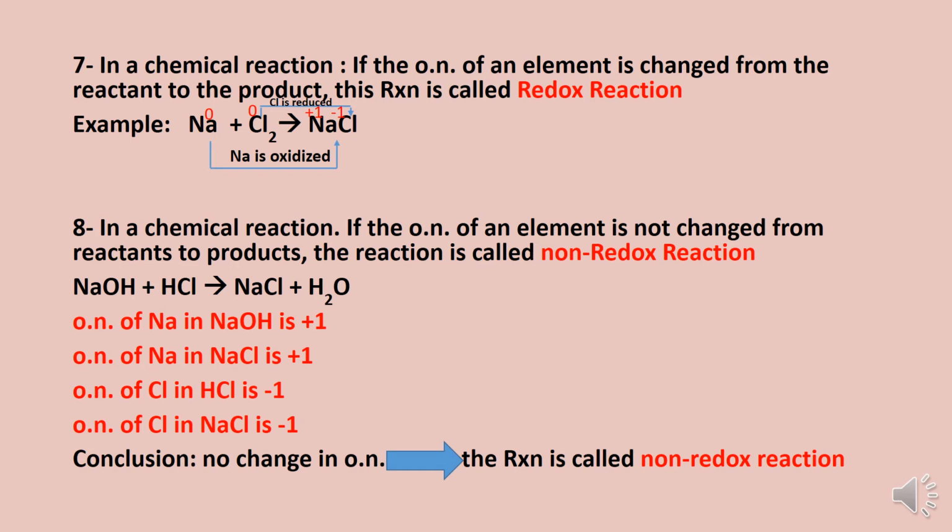They have the same oxidation number, which is +1. Also, let's compare the oxidation number of Cl in HCl with the oxidation number of Cl in NaCl in the product. They have the same oxidation number. Conclusion here: no change in oxidation number implies the reaction is called a non-redox reaction.